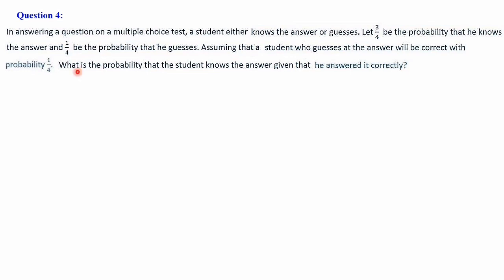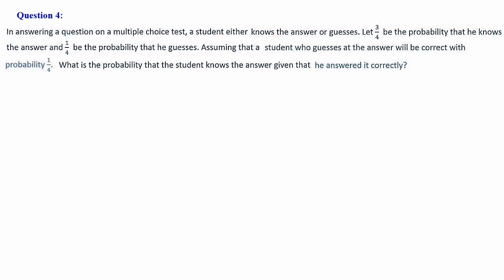Here what we have to calculate is the probability that the student knows the answer given that he answered it correctly. So it is a reverse probability. This one we can take as A, meaning the student answered correctly. That is the given one. And we have to find the probability that the student knows the answer, which is an event.